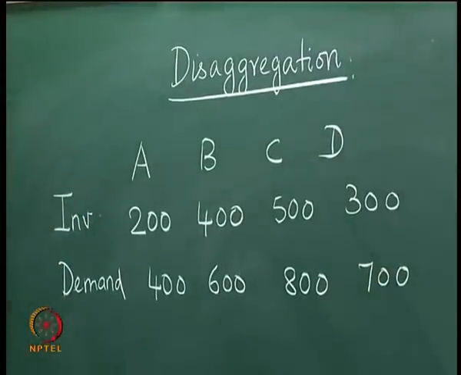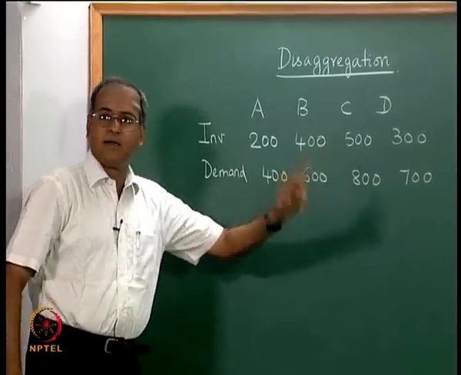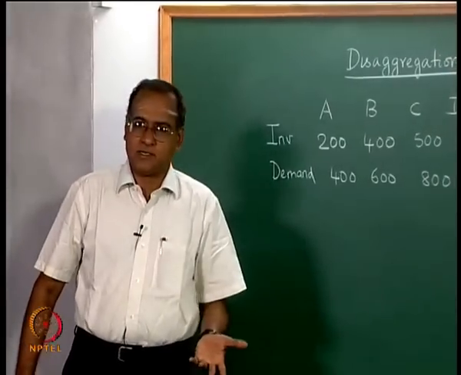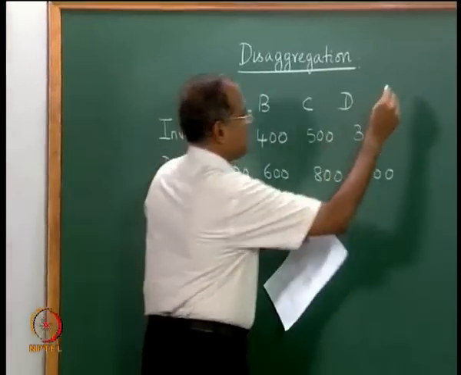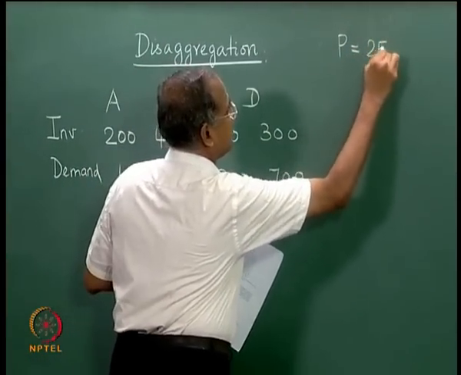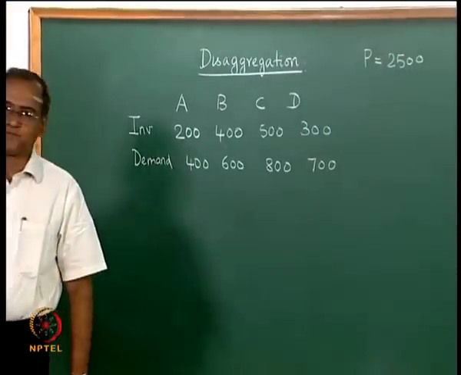In the previous example, we assumed that the demands are 400, 600, 800 and 700 for the 4 products in all the periods. The demand did not change, and in the previous model we assumed that the production capacity P was 2500, which happened to be the sum of the demands.